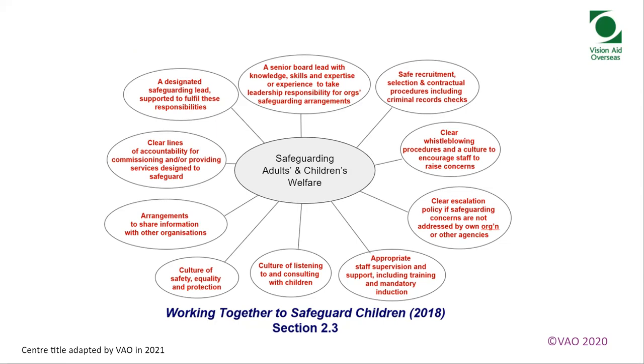This diagram is aimed at promoting child welfare but can also be used for safeguarding adults at risk of harm. There are many other elements that make up robust safeguarding.